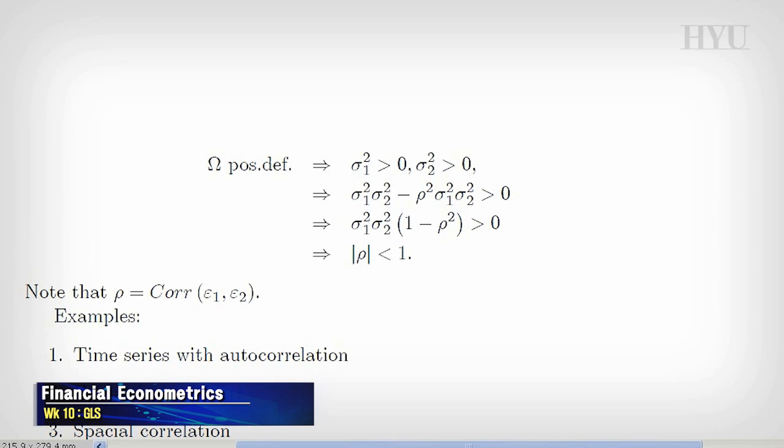The diagonal is obviously positive. To make the determinant positive, separating out the sigma squares, basically the correlation should be less than 1. And we all know correlation cannot be greater than 1, so under a very reasonable condition, it is positive semi-definite.